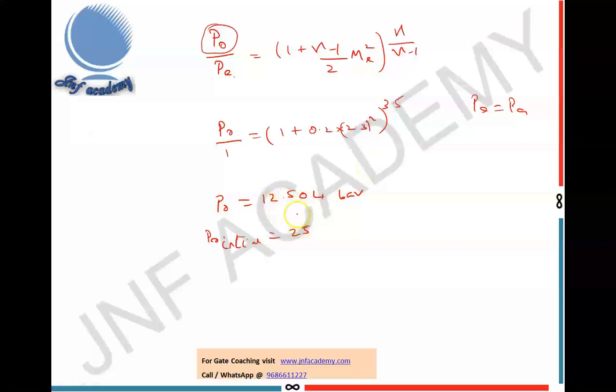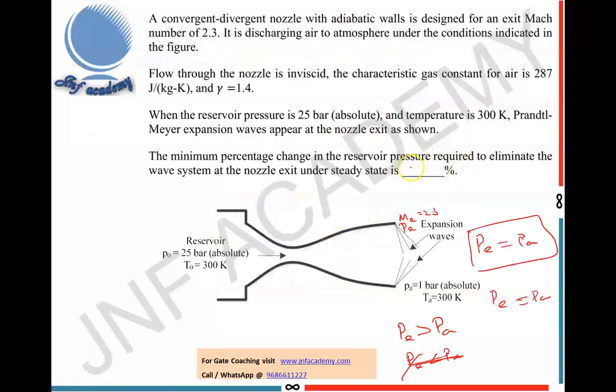So clearly it is about 50%. We need a 50% reduction or change in the stagnation pressure condition so that the wave system can be eliminated. So approximately it is 50%.